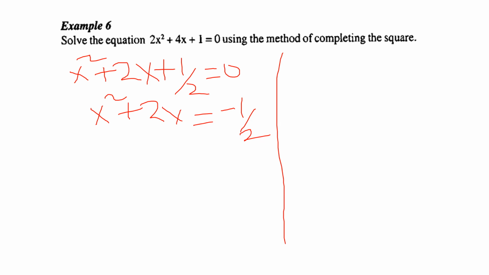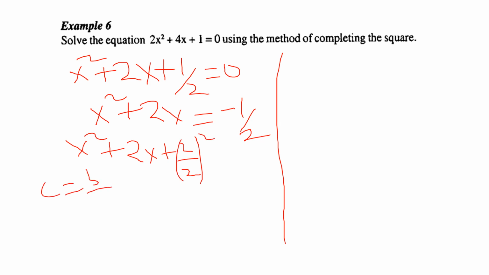And then the next thing is for us to introduce the constant c. So here we shall have x squared plus 2x and then plus 2 divided by 2, then we square. Remember our c is equal to b over 2 squared, and this is 1, then minus half. Remember 2 divided by 2 is 1, and then squared is just 1.